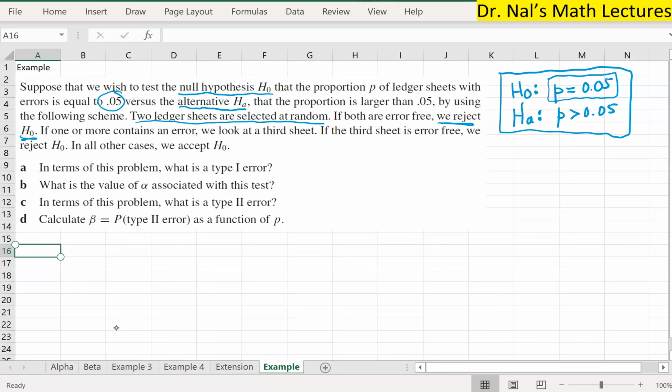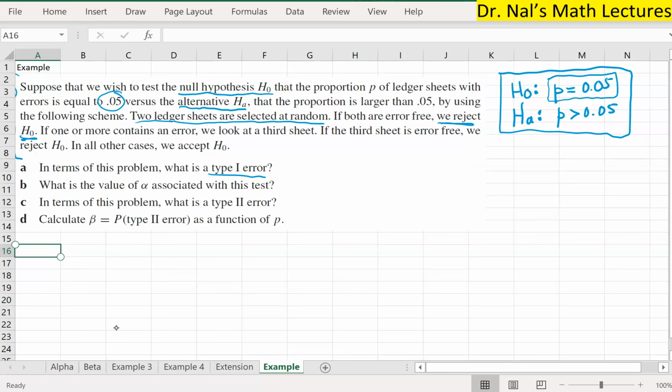So let's start with the first problem. What is the type 1 error based on this language? Well, type 1 error is the probability of rejecting the null hypothesis while in fact it is true. In this example, it is saying that the proportion of ledger sheets in error is more than 0.05, whereas in reality it was actually less than 0.05, right?